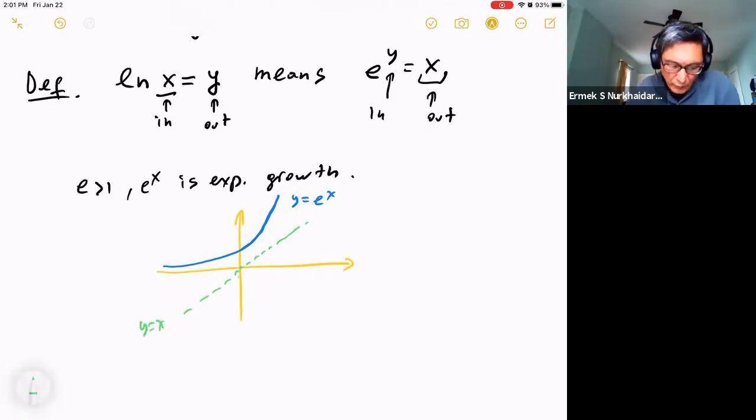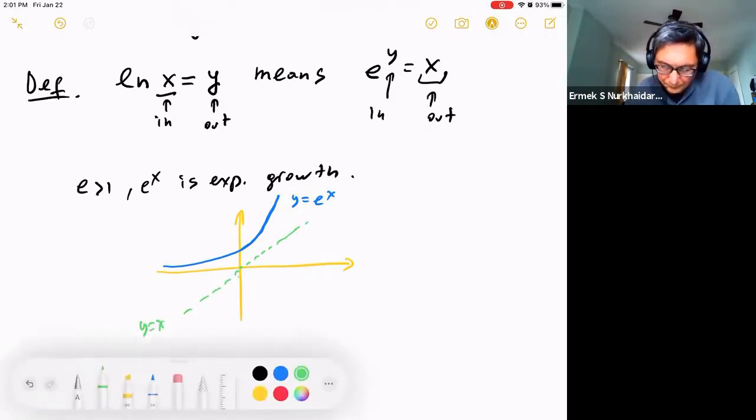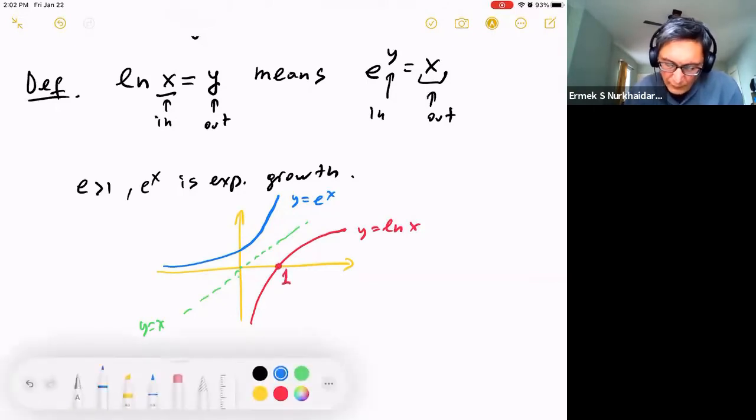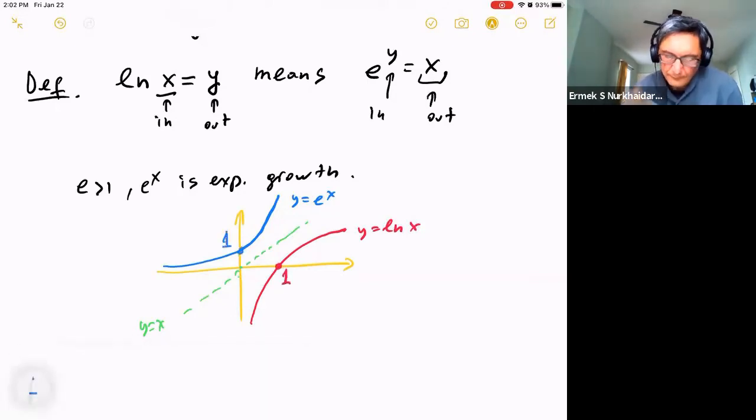So if we flip it, we're going to get the graph of natural log. So that's the graph of y equals ln of x. So that is 1, and that is 1, 2. Okay, so that's the graph.